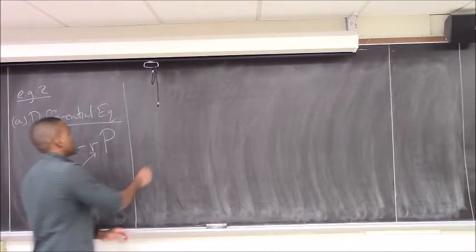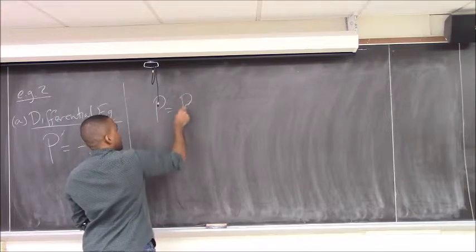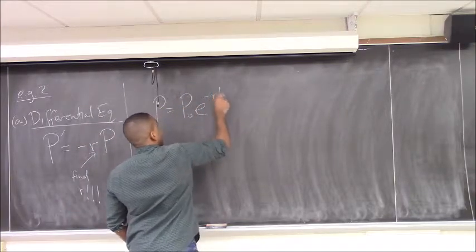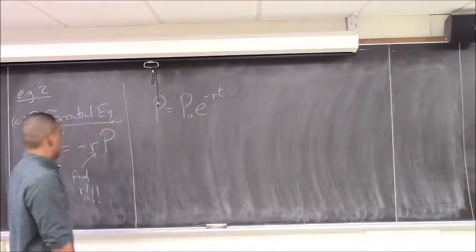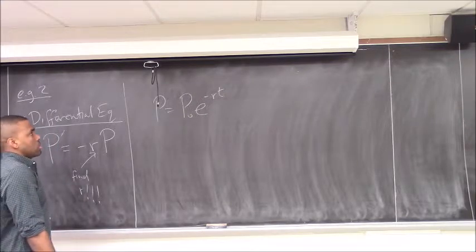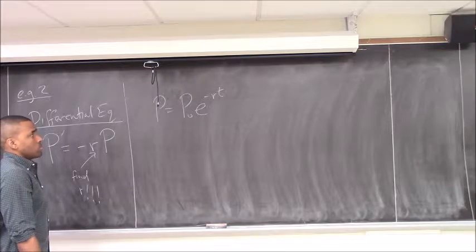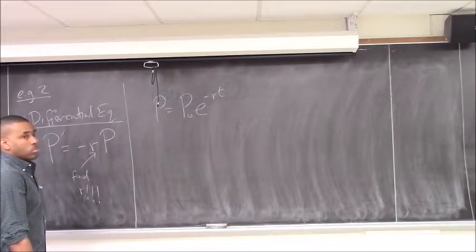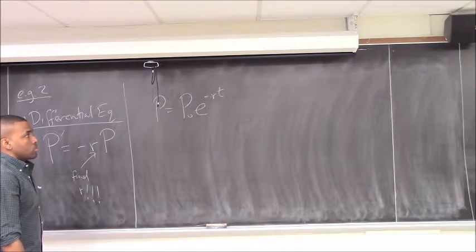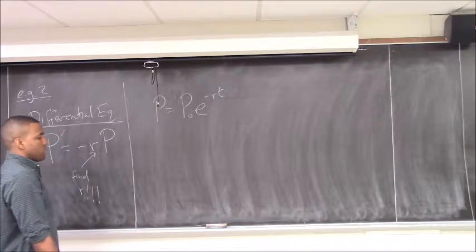Could I use the PERT? P equals P naught e to the minus RT. What do we know? What time do I know? The half-life. How do we use half-life?